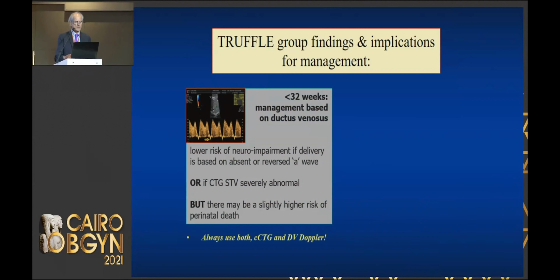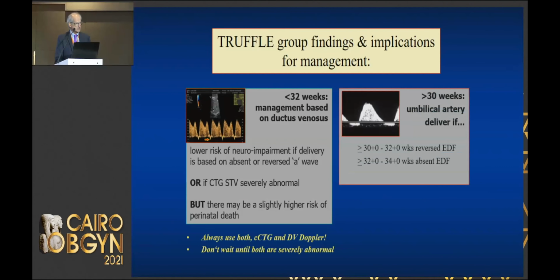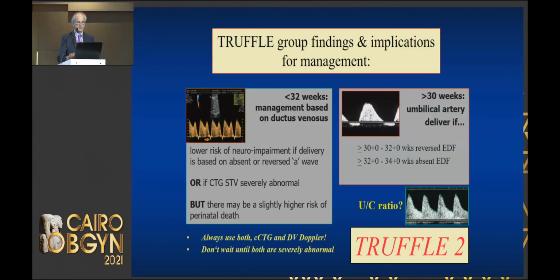Always use both CTG and ductus venosus. Don't wait until both are severely abnormal, and deliver if the umbilical artery becomes severely abnormal after 32 weeks, at the latest if there is reversal of flow, and after up to 34 weeks at the latest if there is zero flow.